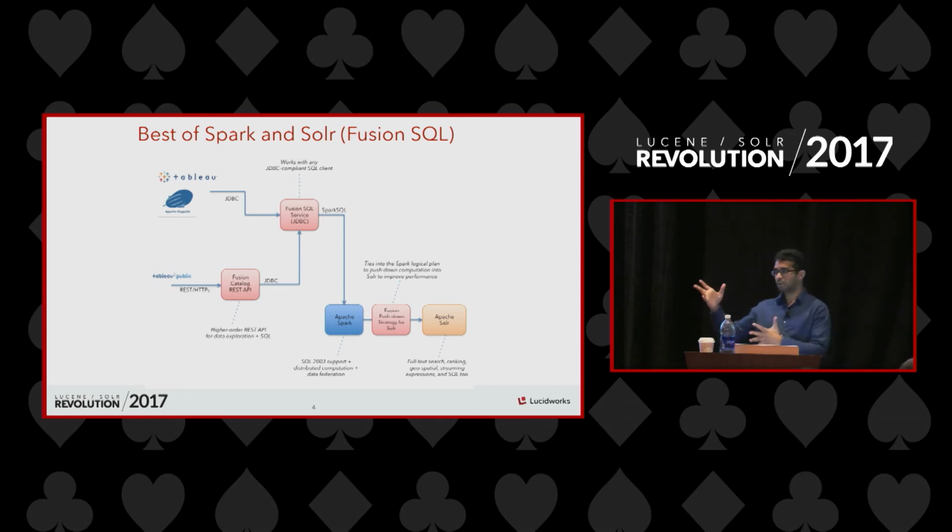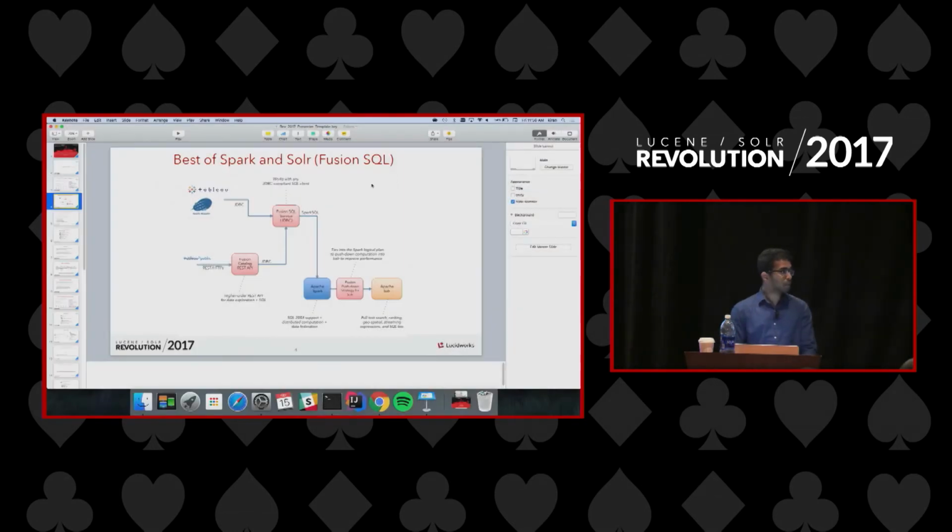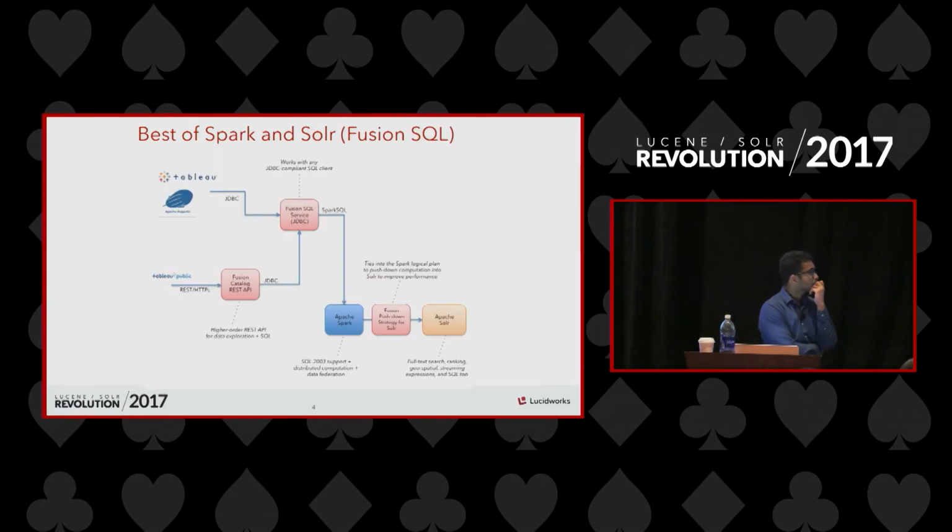Yes, so you can write streaming expressions. I was showing you, in the catalog REST API, you can create tables out of streaming expressions. Here, what happens is when we spin up the SQL service, which is a thrift service, nothing but the Spark thrift server, we add extra strategies to the Hive context.